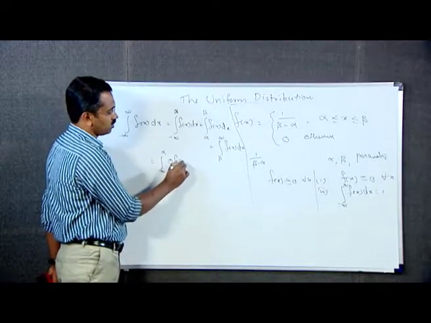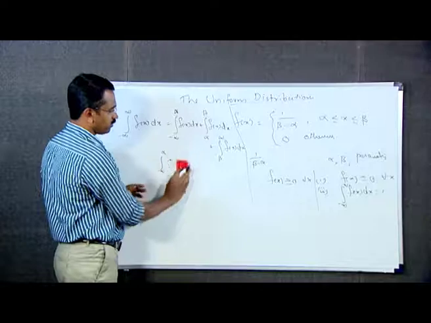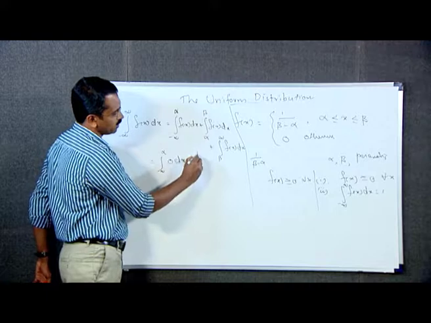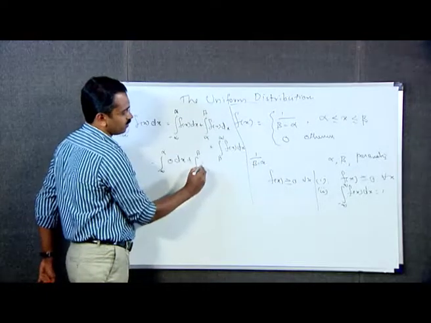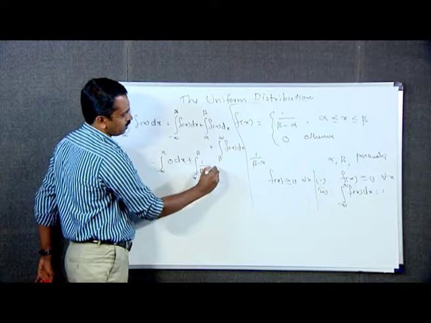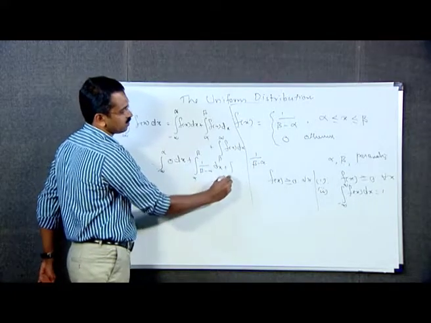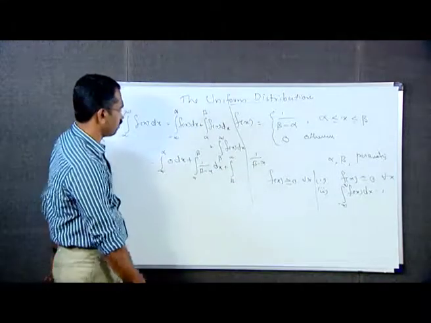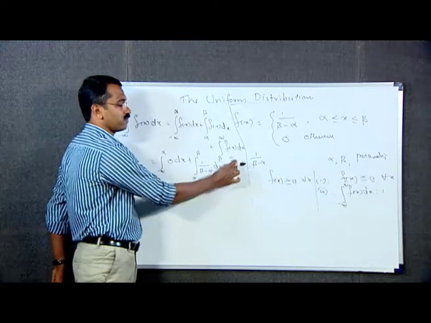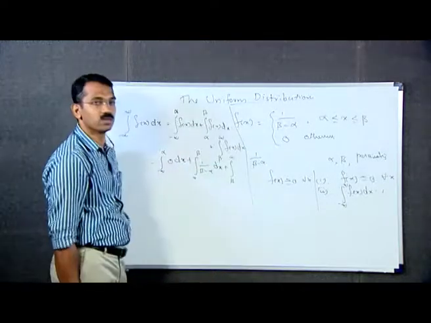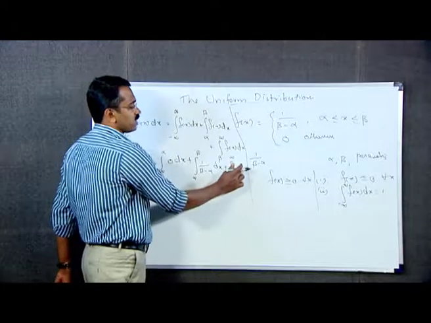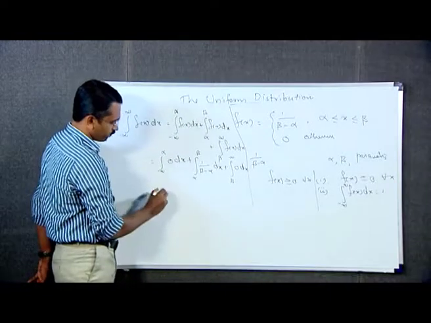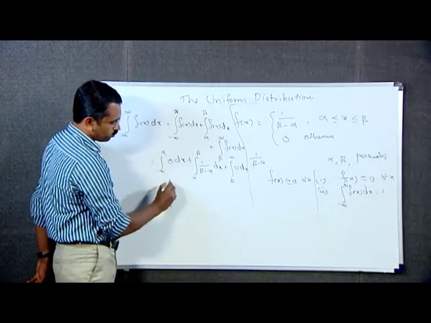Therefore, integral minus infinity to alpha 0 dx plus integral from alpha to beta, here f of x is 1 by beta minus alpha dx, plus in this case also integral from beta to infinity, means the limit of integration is x greater than beta. In this case f of x is 0. Therefore this is equal to integral from alpha to beta.